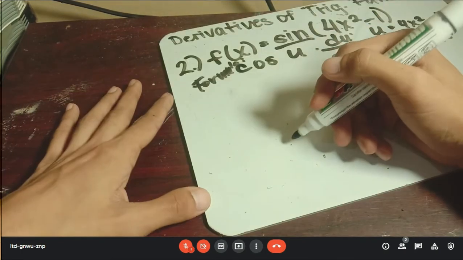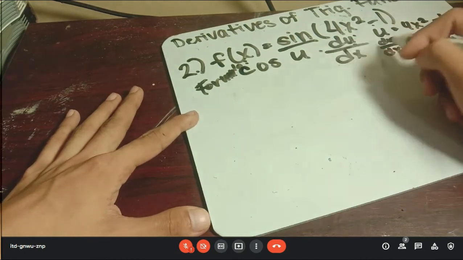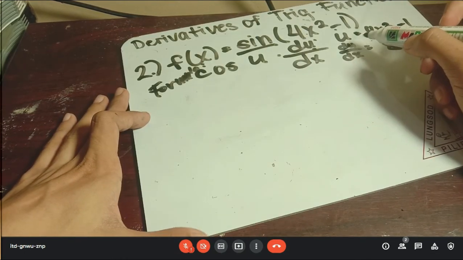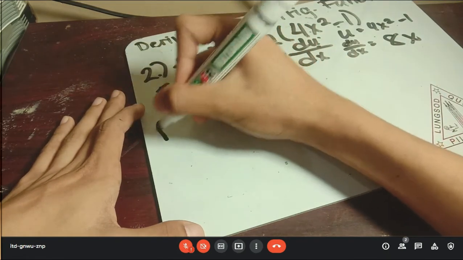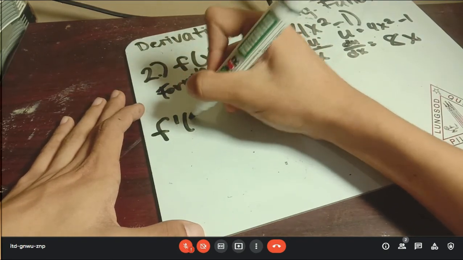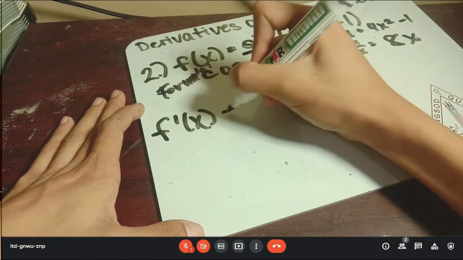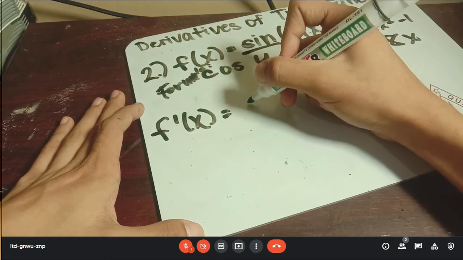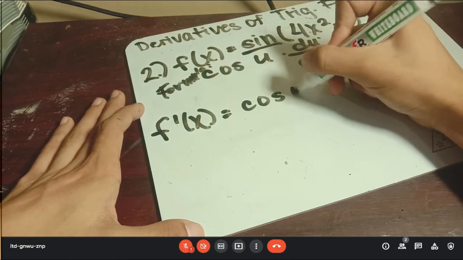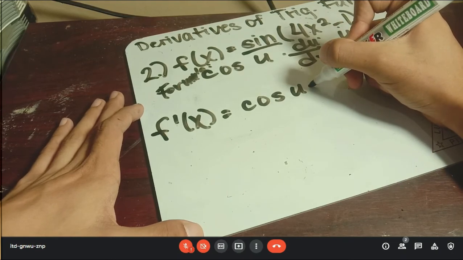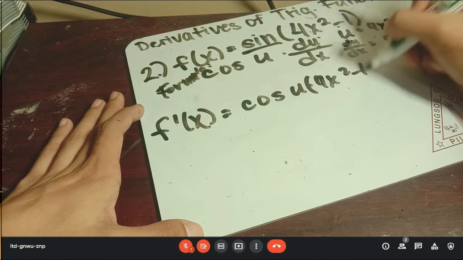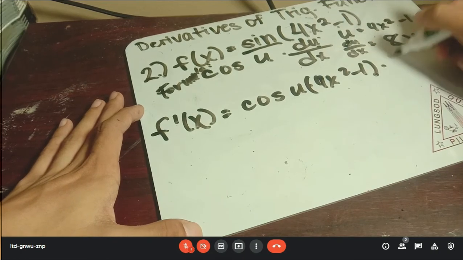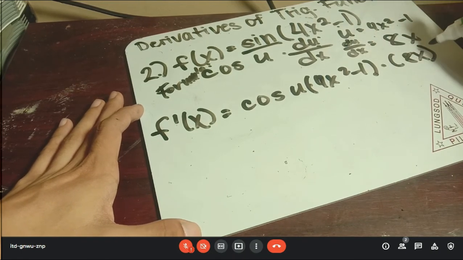Now that we know kung ano yung u and du over dx natin, maaari na tayo mag-solve. Now, it will be f prime of x is equal to cos of 4x squared minus 1 times 8x.